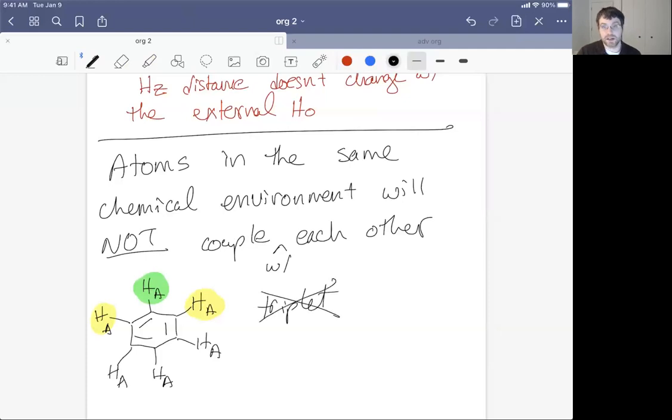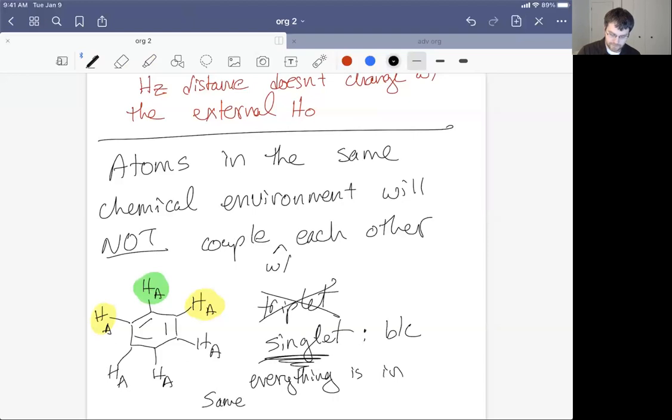It's actually incorrect because they're in the same chemical environment. It's as if, in terms of neighbors, they're not even there. So this actually is a singlet. And that's because everything's in the same chemical environment. Okay, so it's a singlet.